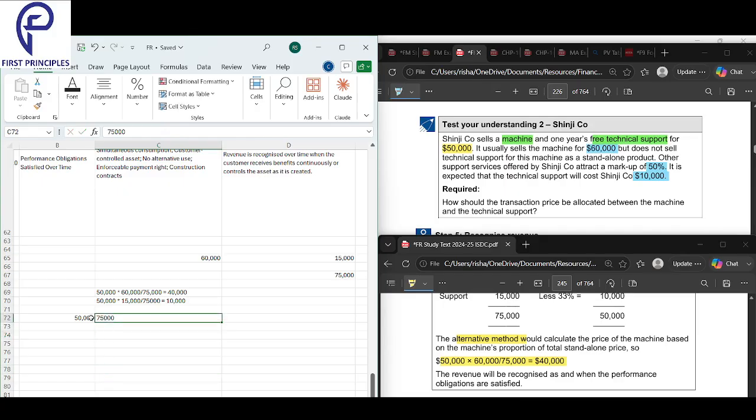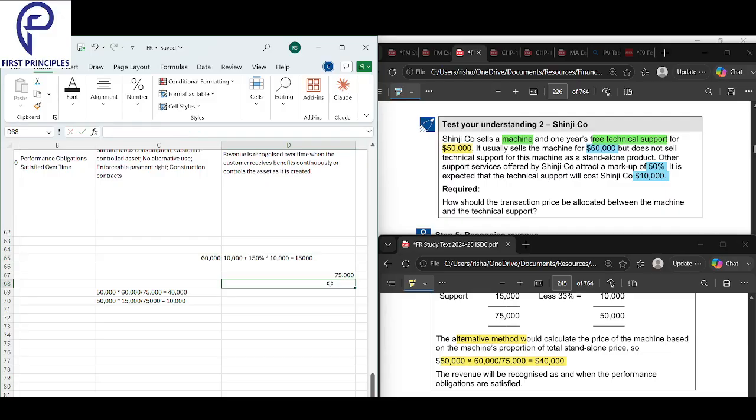But this is the most apt method to do, the pro rata method. You calculate the standalone price of the two and you split the price between the two. That's it. The standalone of 60 was given. This standalone you figured out: the total cost is 10,000 and they sell everything at a markup of 50%. That means the new selling price would be 150% of this. 150% of 10,000 is 15.